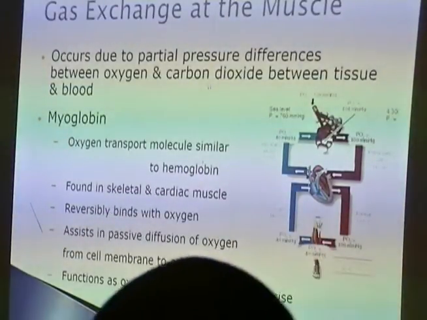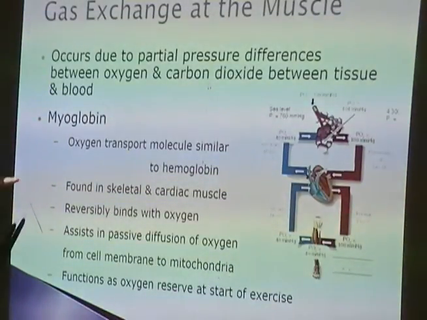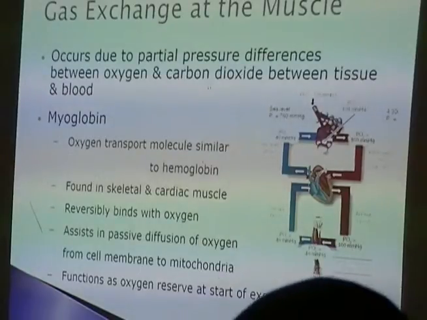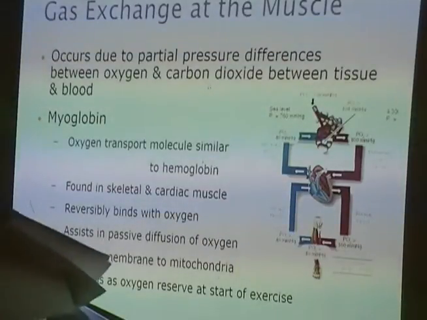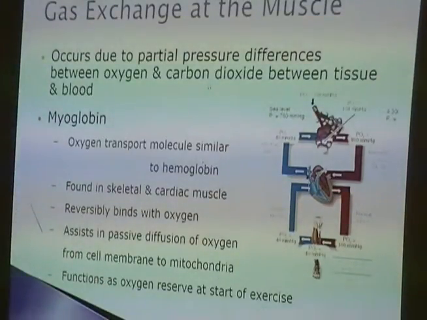Myoglobin, myo is always connected with muscle, is the taxi in the muscle cell. And it helps oxygen diffuse across the muscle cell to the mitochondria, and it also just has some oxygen.